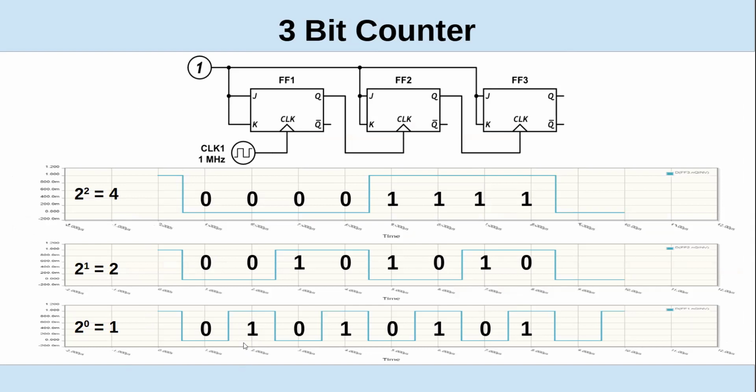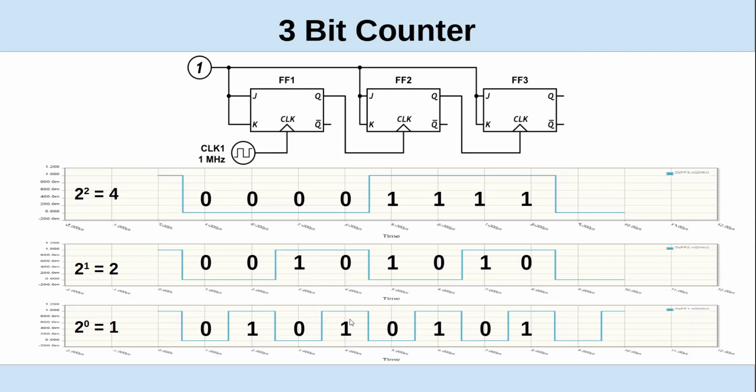The first clock pulse that comes in is going to change the output of stage 1 to true, or a 1, leave the others unaffected. On the next clock pulse, the first stage is going to toggle back to a 0. The second stage is going to change state. So now we're up to binary 2.